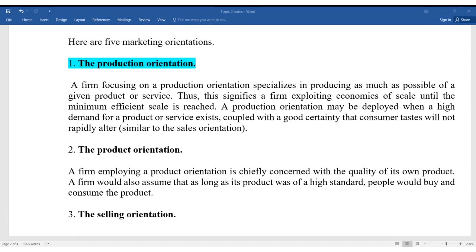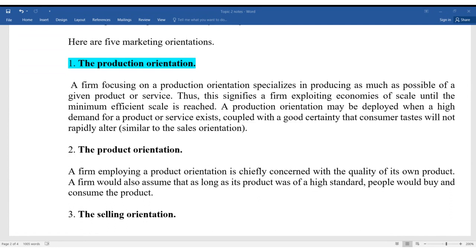Then we also ensure efficiency in production. How do you ensure efficiency in production? By automation. You may use automated technology.